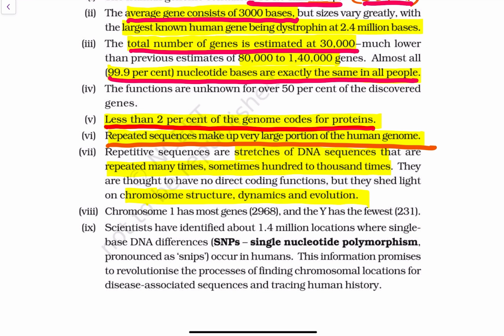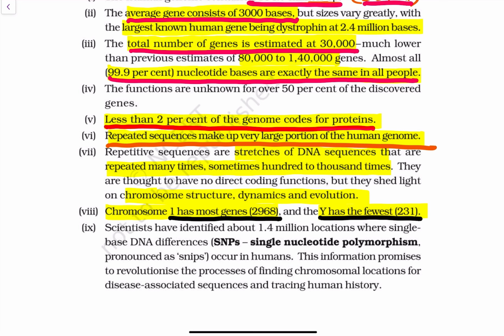Now, an important thing about the structure of chromosomes: chromosome 1 has the most genes, 2968 genes, while the Y has the lowest number of genes, about 231. Chromosome Y is the smallest chromosome, while chromosome 1 is the largest.